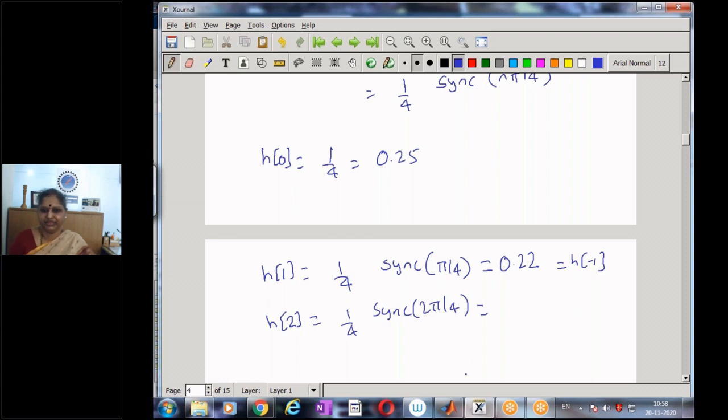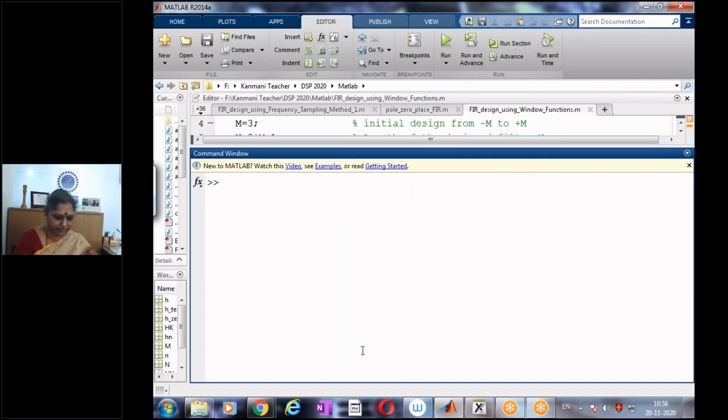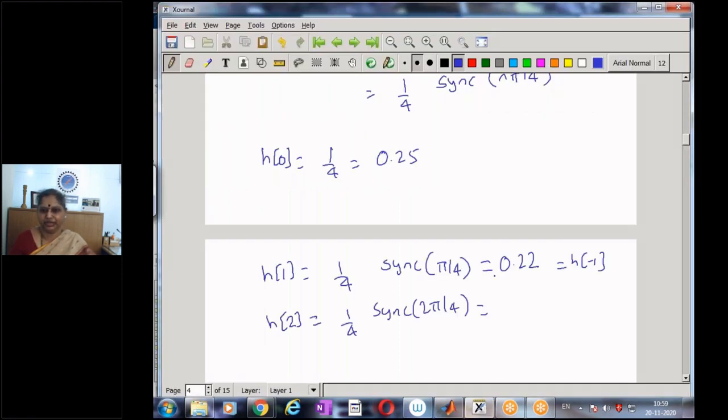Let's evaluate. Once again, let's take the help of MATLAB. I need to put n equal to 2, and then my h is 1 by 4 sine n pi by 4 by n pi by 4. Let's evaluate it. That is 0.159.